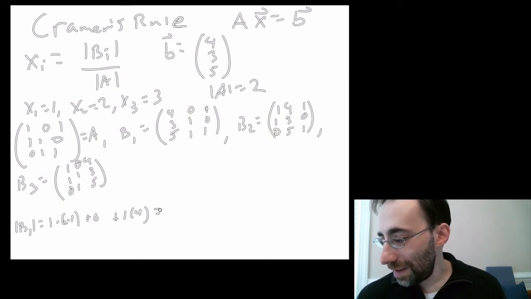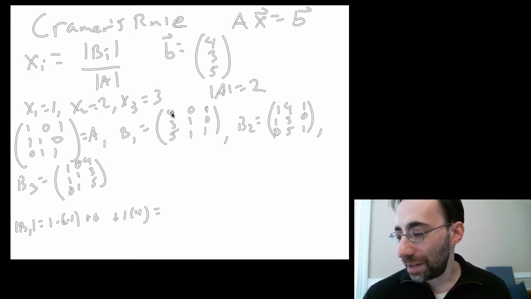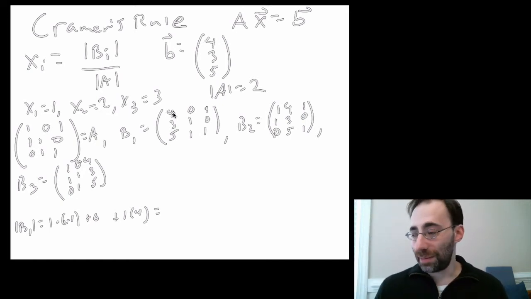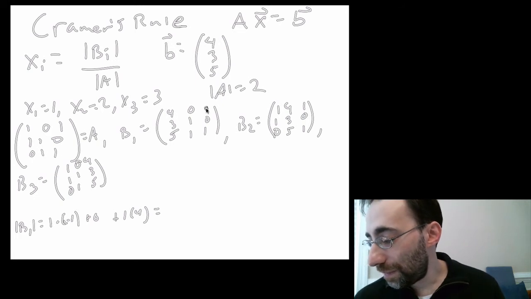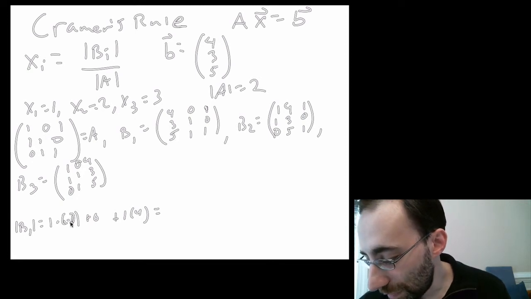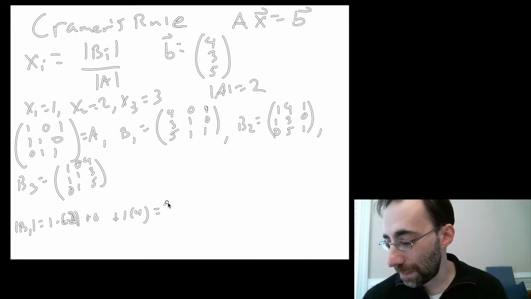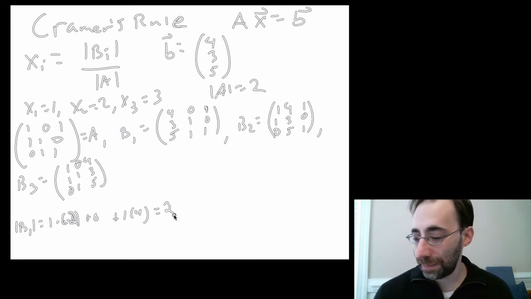Try again. Oh, sorry. I apologize. This was, again, a mistake from last time, remember. So the first one was not 4. It was 3 times 1 minus 5 times 1 is negative 2. 3 minus 5 is negative 2, not negative 1. So that's 4 minus 2 equals 2. There's the determinant of B1.